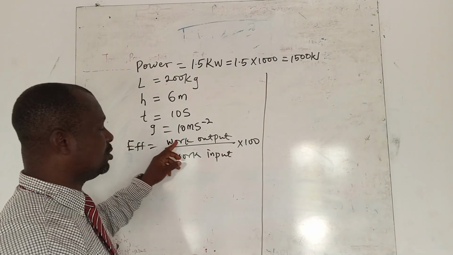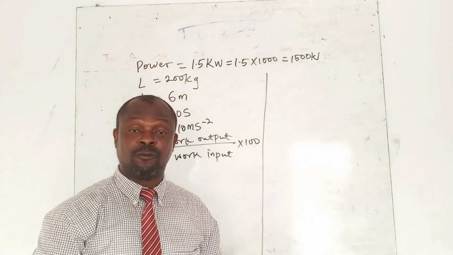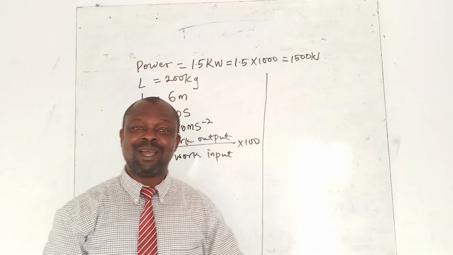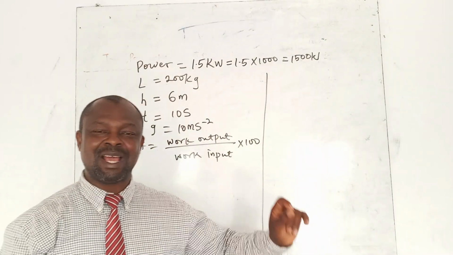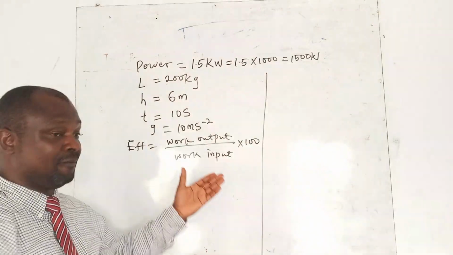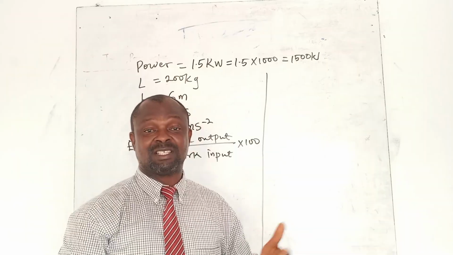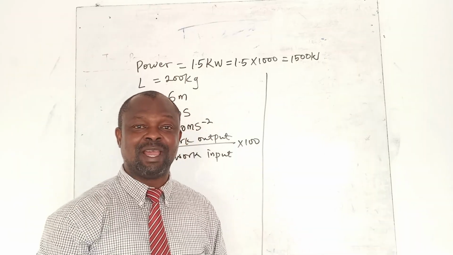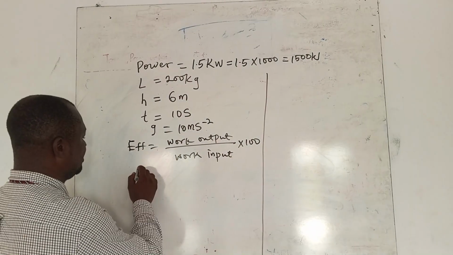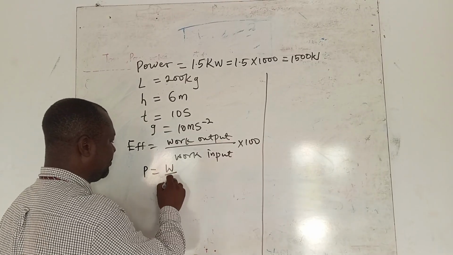Since work done is defined as the product of force and distance, work done by load is load multiplied by the distance moved by load, while the work done by effort is effort multiplied by distance moved by effort. We all know that because we're given power, power is work done divided by time.